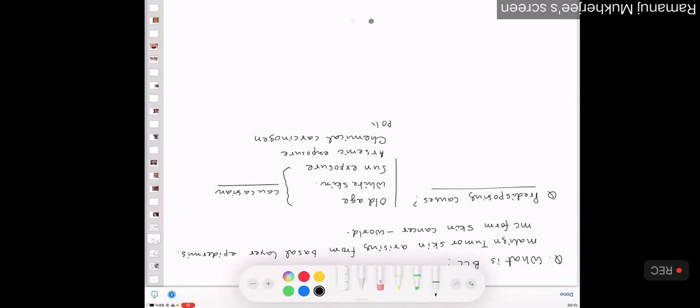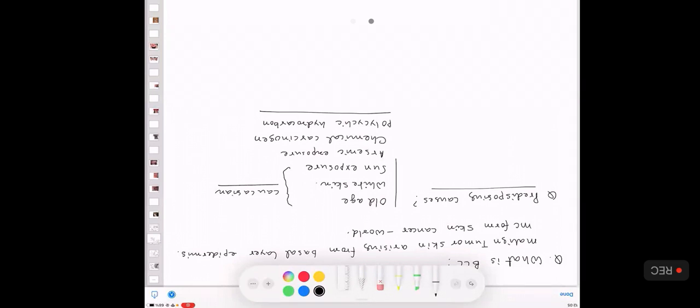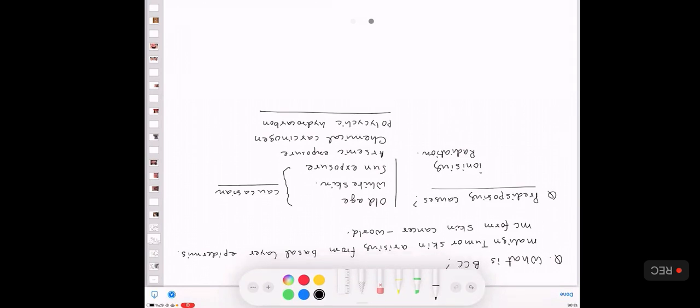They are polycyclic hydrocarbons. They are also important, along with exposure to ionizing radiation. Exposure to ionizing radiation are the predisposing causes. There are many, but you are not required to do that.